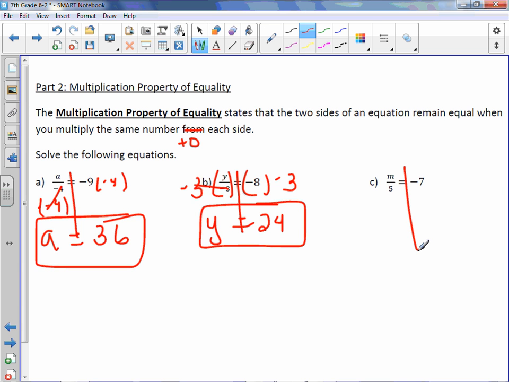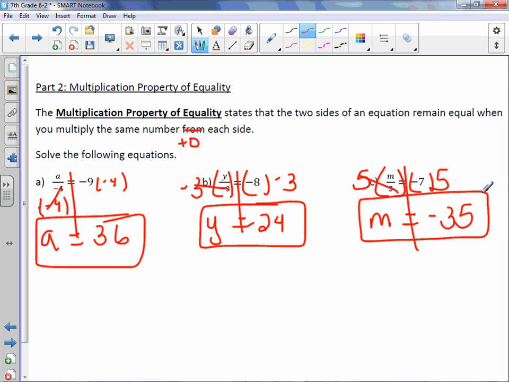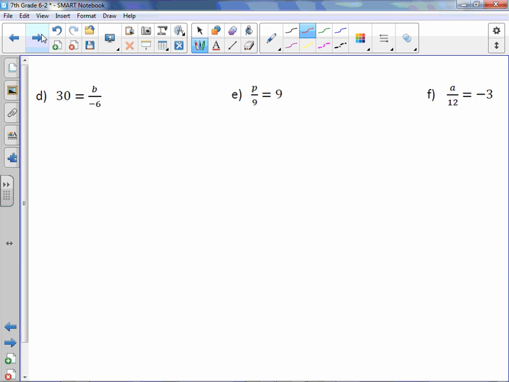Letter C. M divided by 5 equals -7. Multiply both sides by 5. You get M equals -35. Letter D. 30 equals B divided by -6.